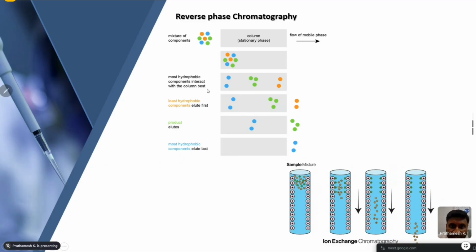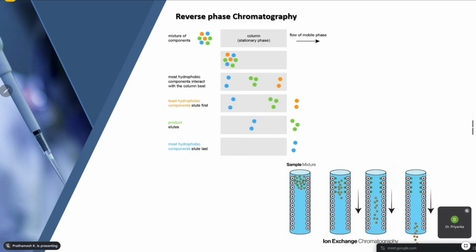So from this diagram, what you can understand is that the analyte or component which is orange in color loves water the most, so it has not stayed back in the column. It has moved out. And the analyte which is blue in color hates water the most, so it sticks to the stationary phase and comes out last. Understood?